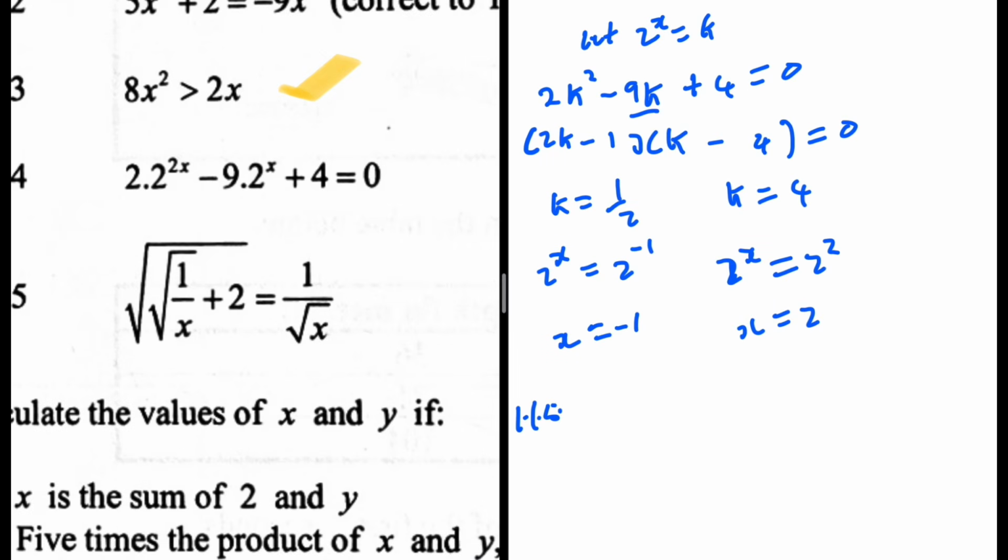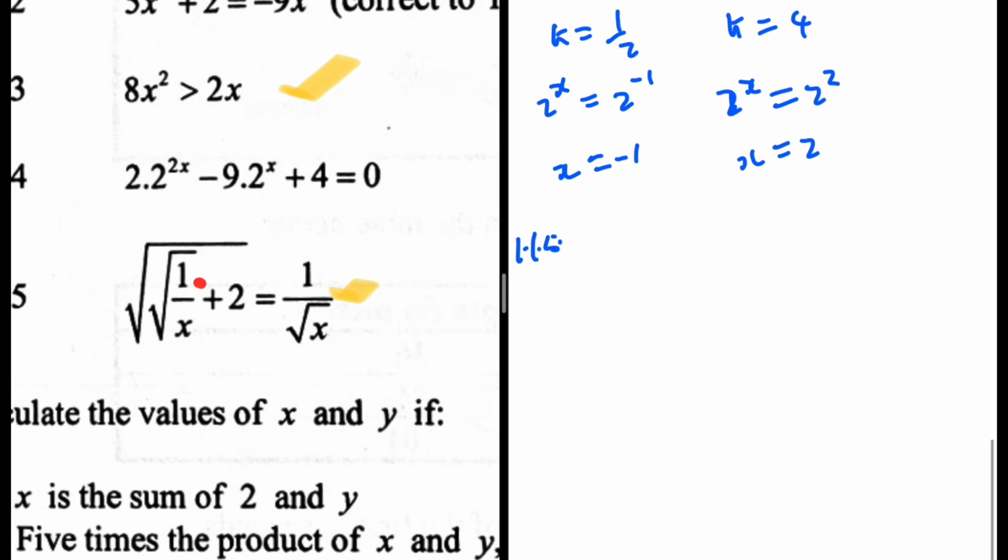So what I'm realizing is that I have 1 over square root of x, and then there I have 1 over square root of x as well. So I can let that be equal to k, and if I do that, then I'm going to have k. You have to realize that square root of 1 over x is actually equal to 1 over square root of x, because that will be square root of 1 divided by square root of x, which will be 1 over square root of x.